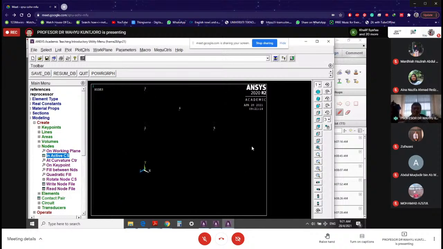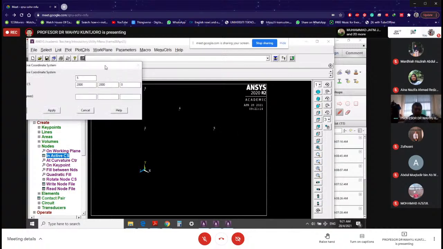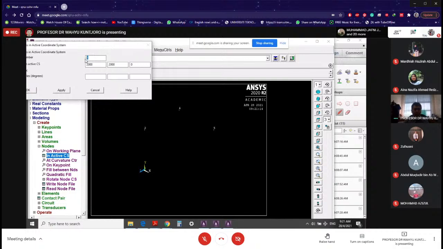So I'm now in isometric view, with nodes 1, 2, 3, up to 5. Number 6 is going to be over here, minus 1000. And number 7, minus 2000.